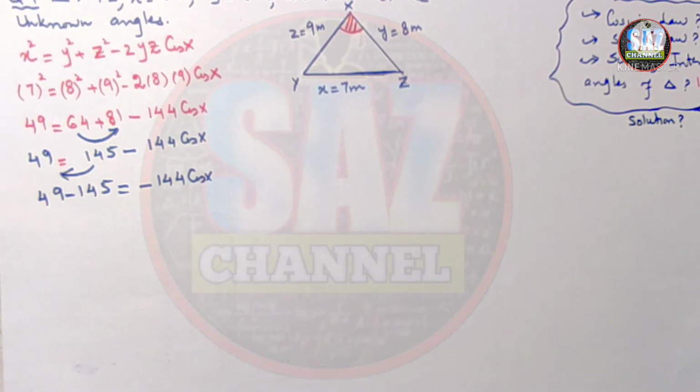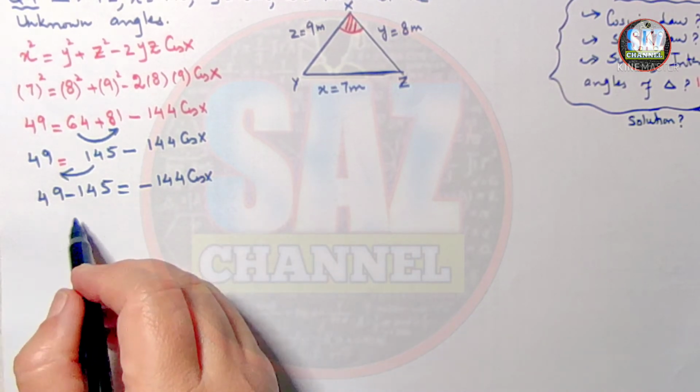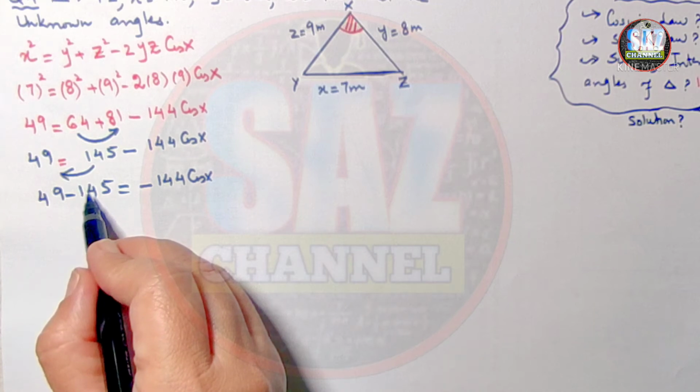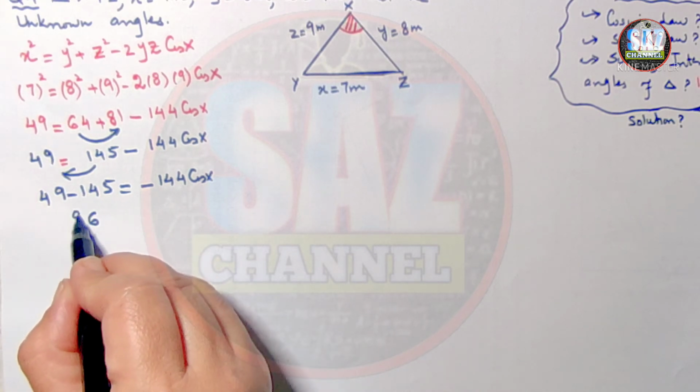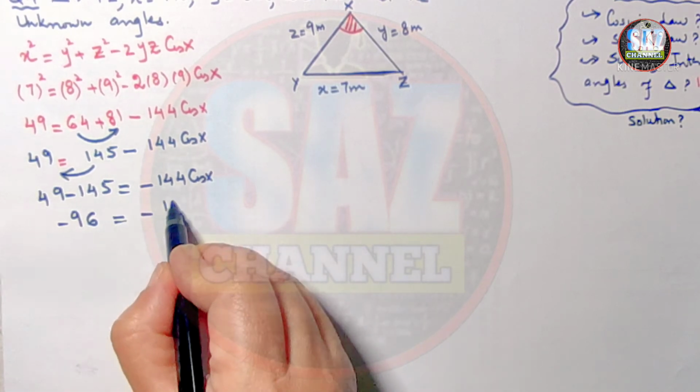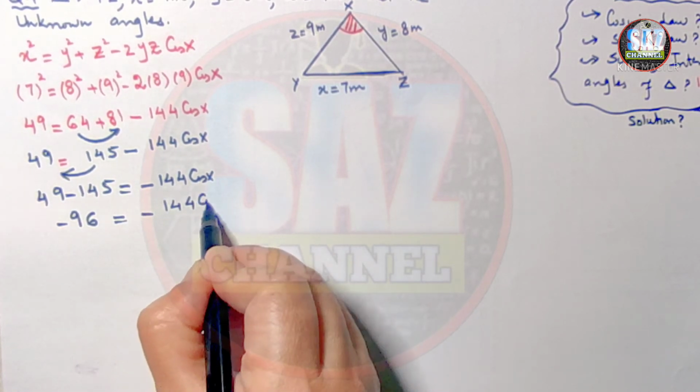Okay, 145 minus 49 gives me 96. 15 minus 9 is 6 and 13 minus 4 is 9. 96 with negative sign, be careful about the signs, equals 144 cos x.